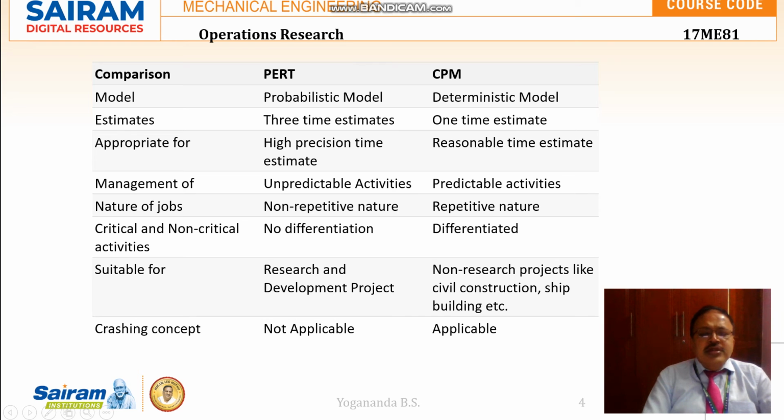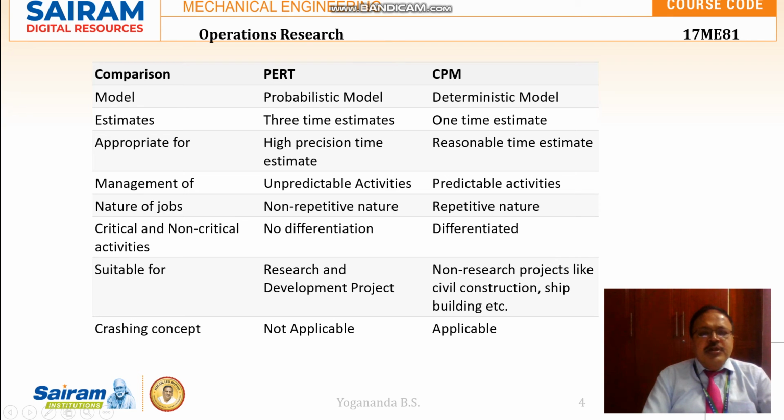PERT is appropriate for high precision time, so the precision of the time calculated will be very high. But CPM will consider a reasonable time estimate. PERT will manage unpredictable activities, whereas CPM manages predictable activities.